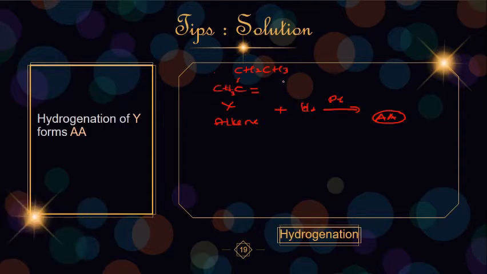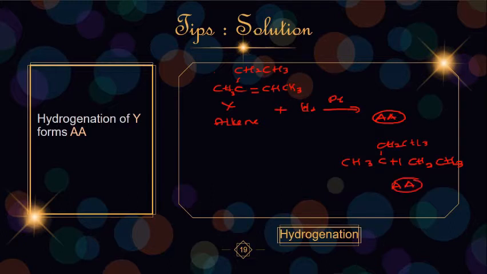CH3, C double bond. Okay, this is your alkene already. Okay, when you do hydrogenation of an alkene, you form an alkane actually. So CH3, C that has the CH2, CH3. You focus on the double bond, you just add hydrogen here and another hydrogen here. So this is the structure of A.